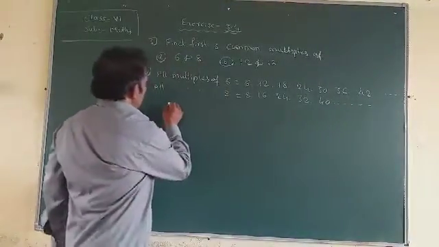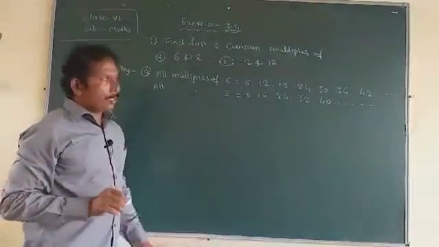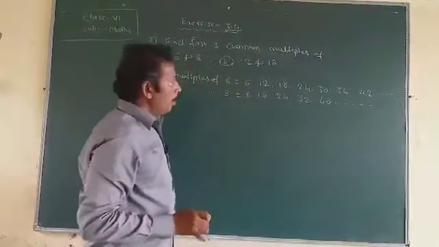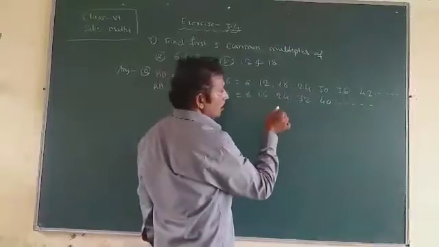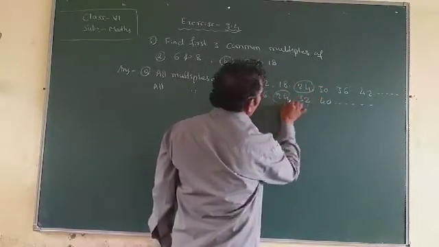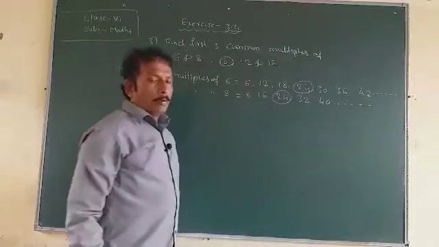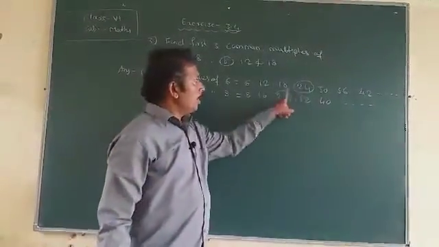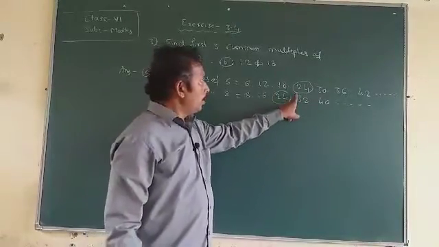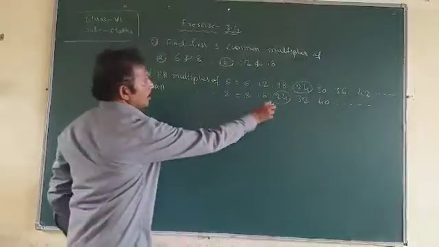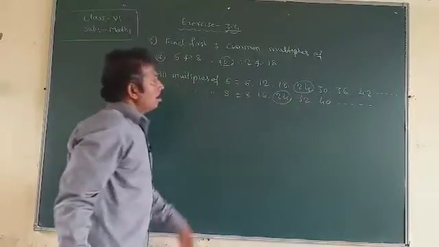Now, find the common multiple. In both the lists of multiples, first we get 24 as the common multiple. When we get one number as the common in both the lists, it is the first common multiple.